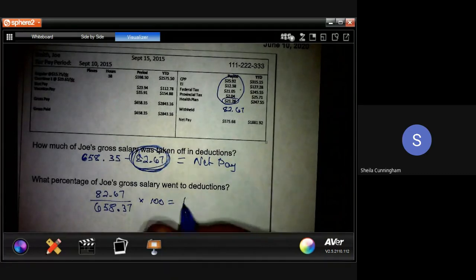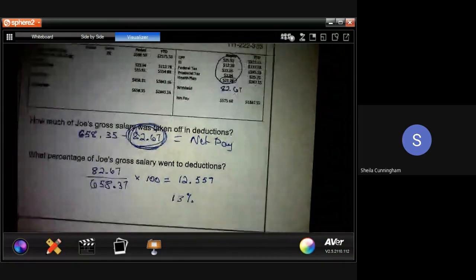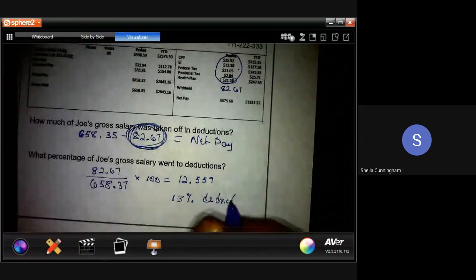And we are getting 12.557. If we're going to round this to the nearest percentage, we could say this is 13% deductions. So 13% of his wages go to all the deductions that he has.